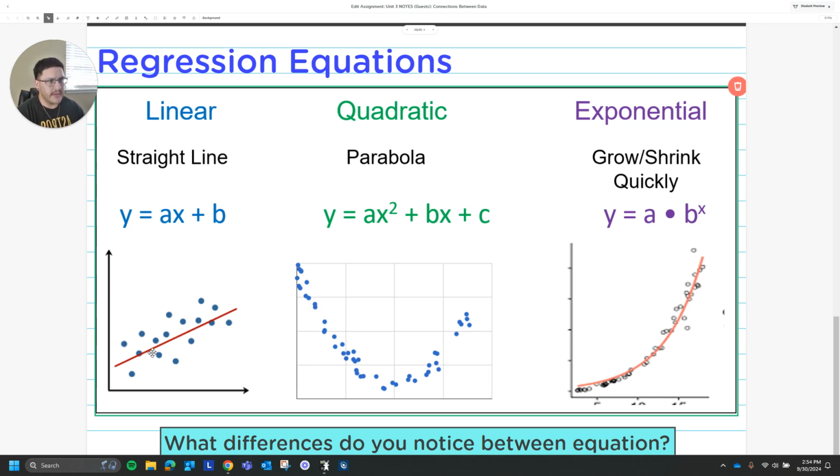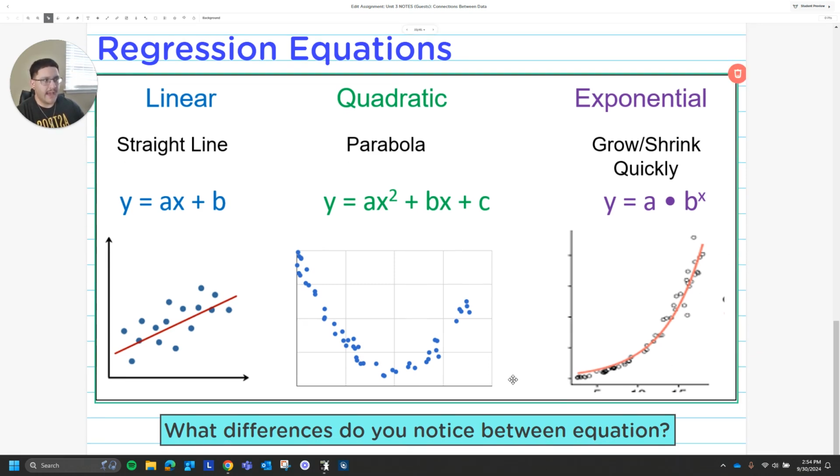Okay. Notice the differences. Notice how linear is a straight line. Notice quadratic has a U shape. Notice exponential has a flat part, then growth upwards or downwards. And then notice the equations, how different they are. Linear only has 2 components being added together, ax plus b.